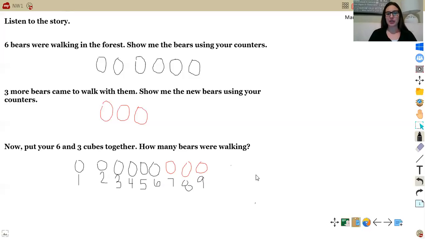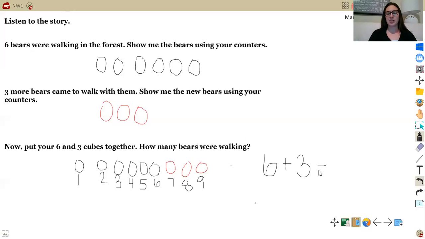And I'm going to go ahead and put that into a number sentence to represent my picture. First I have 6 because 6 bears started walking. So I'm going to go 6 plus, because I want to find how many bears were walking all together. And then 3 more bears came to walk with them, so I'm going to add 3. As you can see, my 3 additional bears right here.